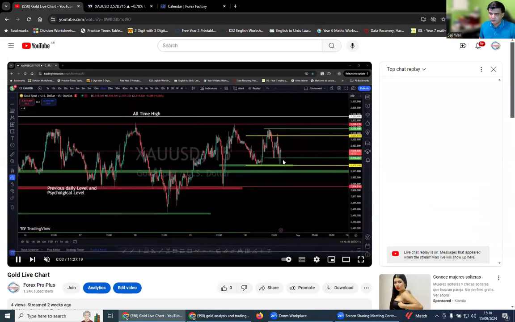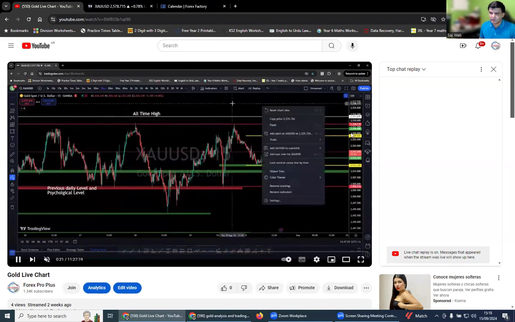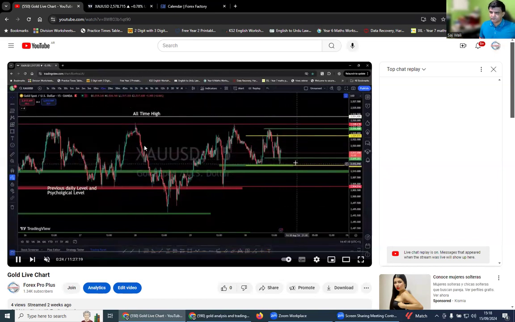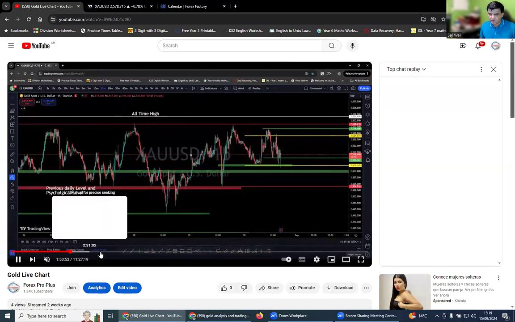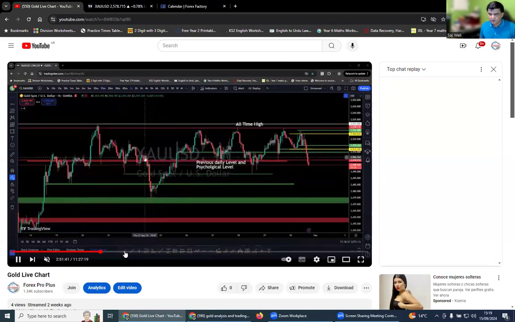You will see these are Asian levels, zones, and then the green ones and the green lines, and the yellow one, they are Asian or Tokyo, and the green ones are London ones. This green zone is just support and resistance. The daily one normally I use a red level for. Anyway, let's move on. You'll see how the market reacts from the levels, and during the day I change those levels as well.